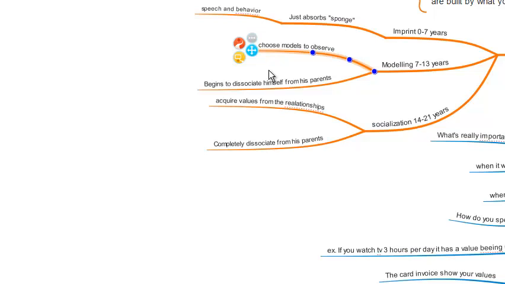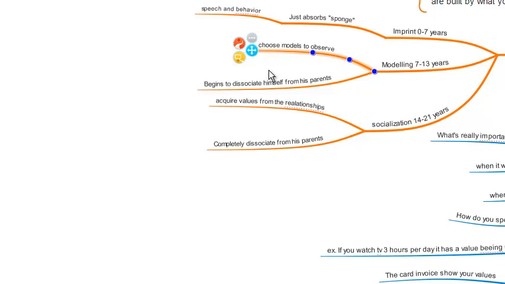After that period comes the socialization period, 14 to 21 years, where you absorb values about socialization, how things work, how relationships work, how you are in relationships. It can be a romantic relationship, your self-image in romantic relationships, your friendships, how you are in that kind of social relationship too.